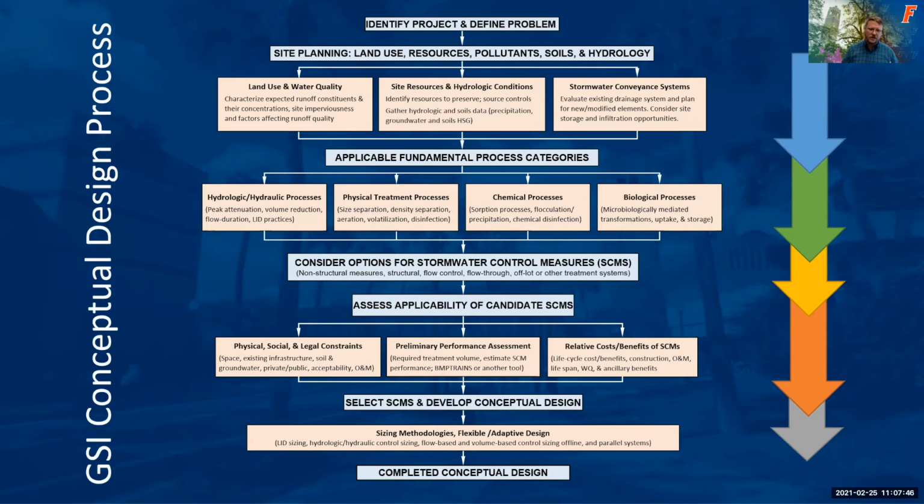You can do a preliminary performance assessment: how well is each one going to be able to remove those pollutants? And then the relative cost benefits for those different SCMs. After you've done that, you can select which ones to implement on your site and follow the different sizing methodologies and adaptive designs.